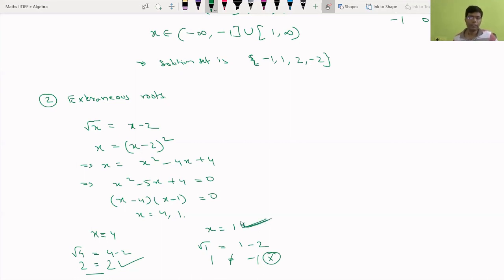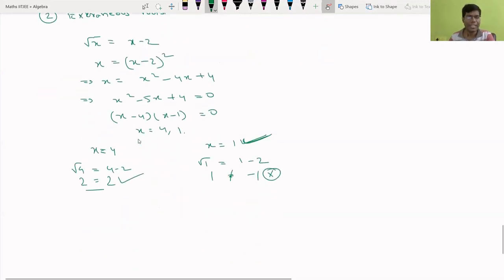This extra root I have got because I have squared the equation. Whenever we square the equation, there is always a possibility of getting an extra root. So it's always advisable that you put the values back in the original equation and see whether it satisfies or not. If it is not satisfied, then you drop that solution and go ahead with the solution which satisfies, that is x = 4 in this case.